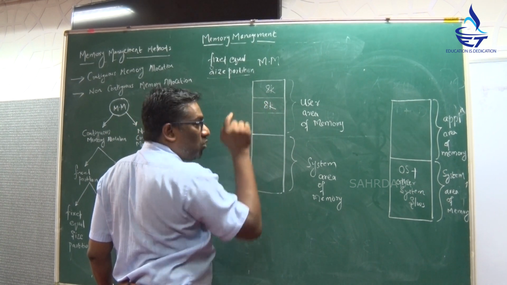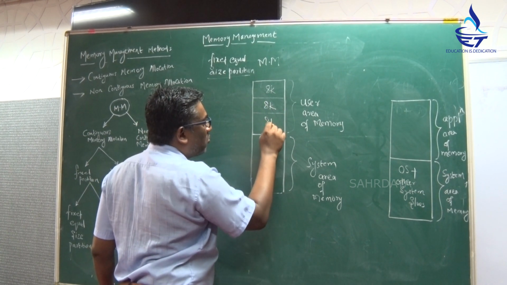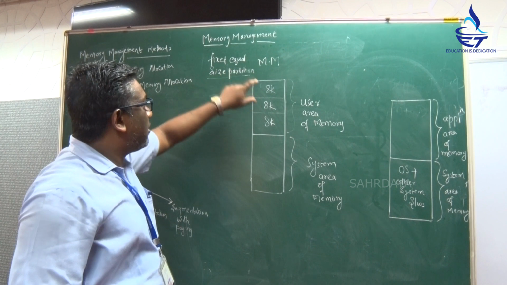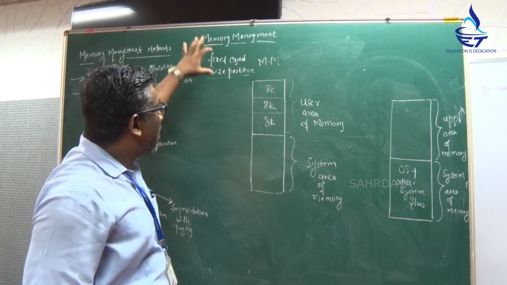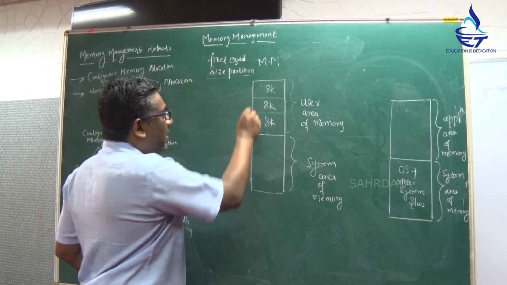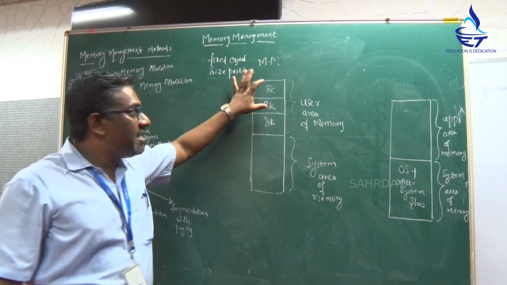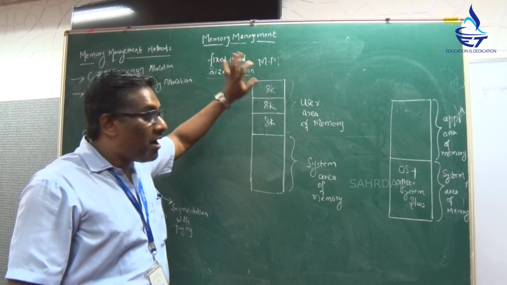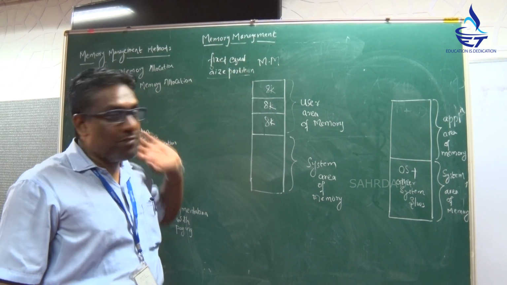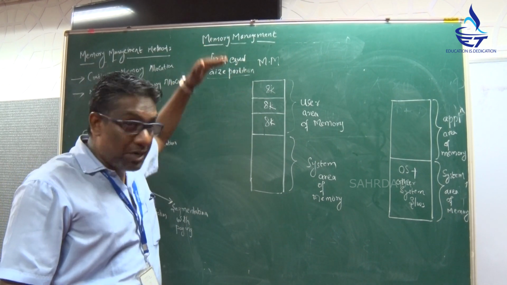The size of the next block is also 8K, and this block is also 8K. That means equal size partition. And why are we calling this fixed? Once it is partitioned, we cannot change the size of the memory block. That remains the same.